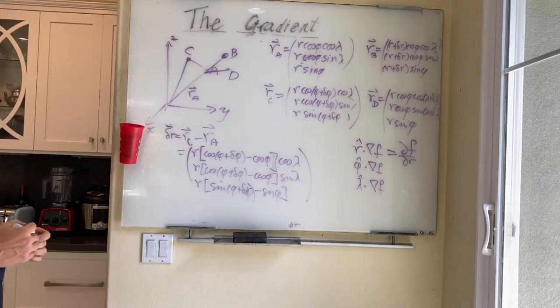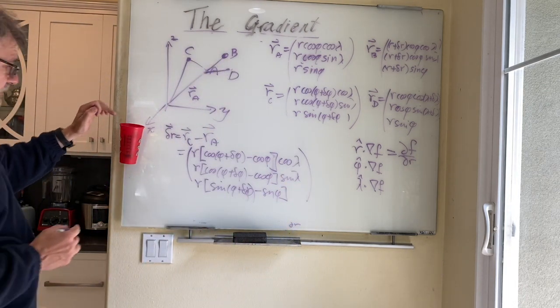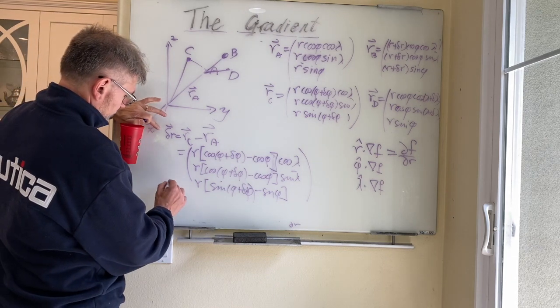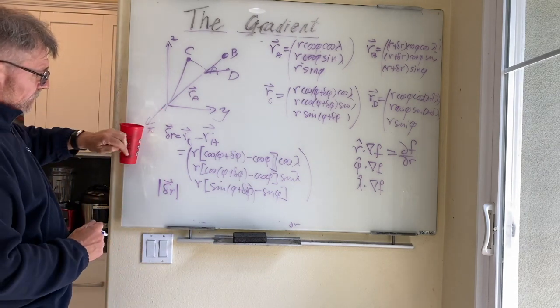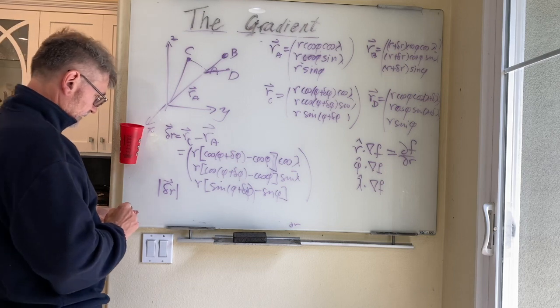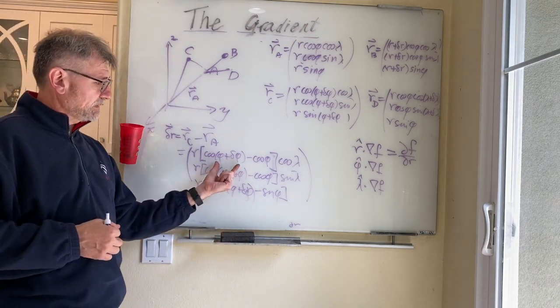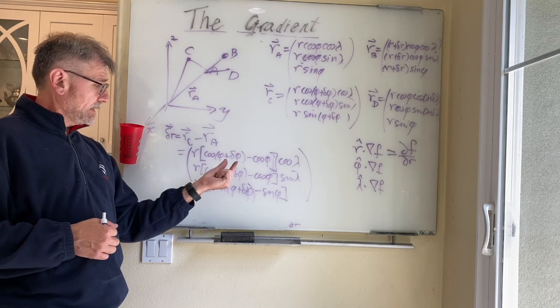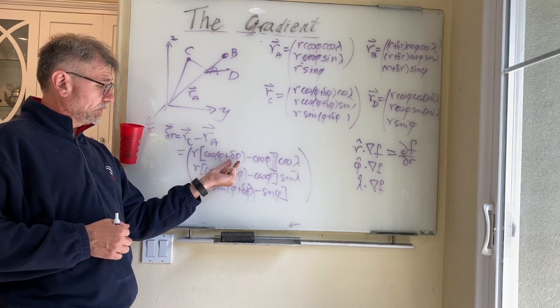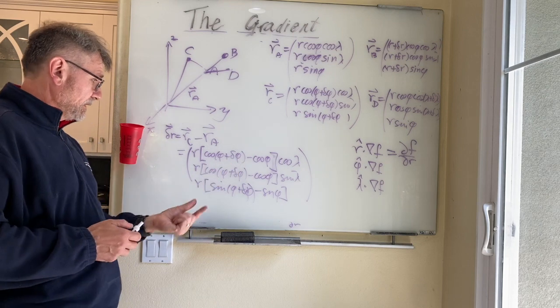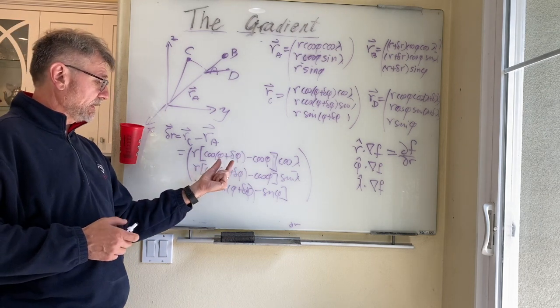Now if I take the magnitude of delta r, let me simplify first. This part here, cosine of phi plus delta phi minus cosine phi, if I take the limit where delta phi is small, will be equal to just minus sine phi delta phi.